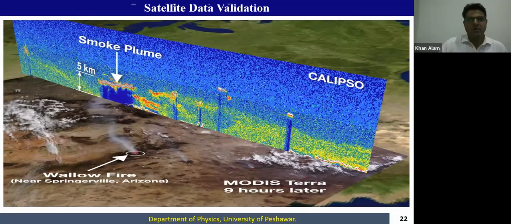From the below image you can see a fire, and with the CALIPSO vertical profile you can also see that the smoke plume can reach an altitude of up to 5 kilometers. So CALIPSO can also be used for the validation of MODIS products.